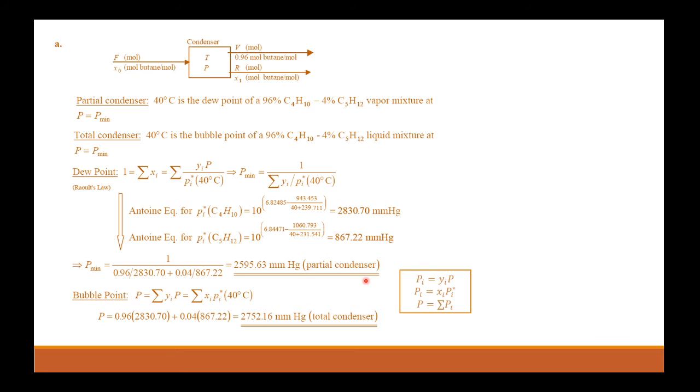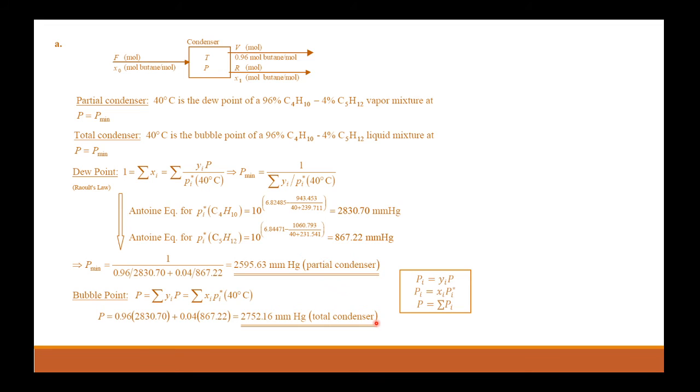Now, in the case of a total condenser, we take the bubble point of this liquid mixture at 40 degrees Celsius. The bubble point is the temperature at which liquid starts to vaporize.